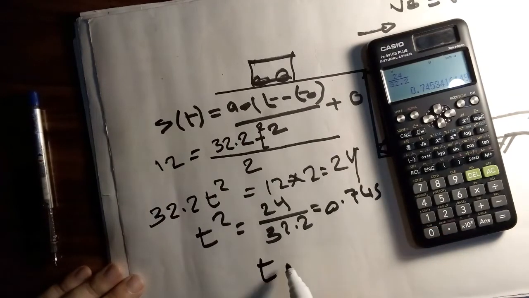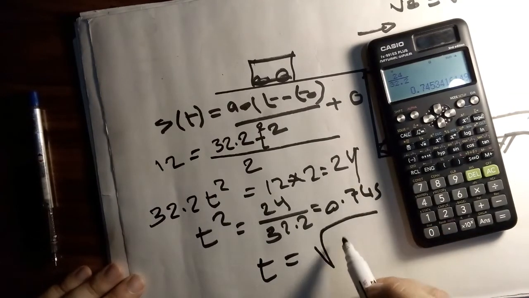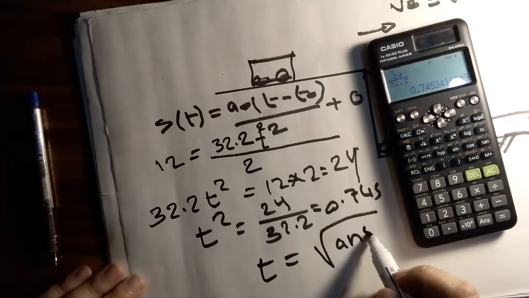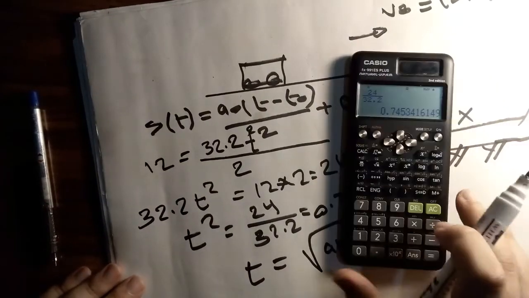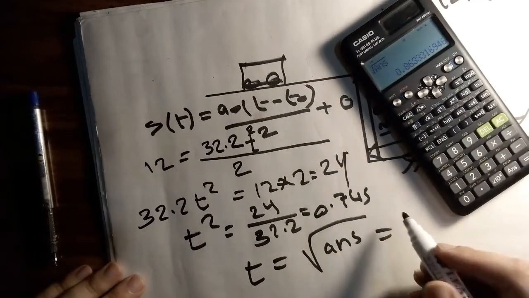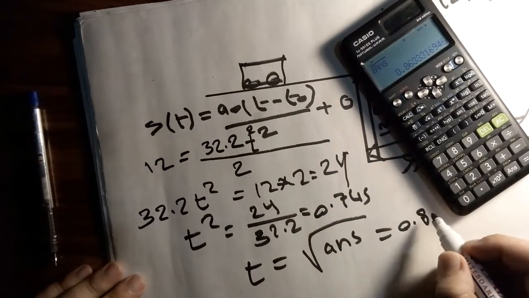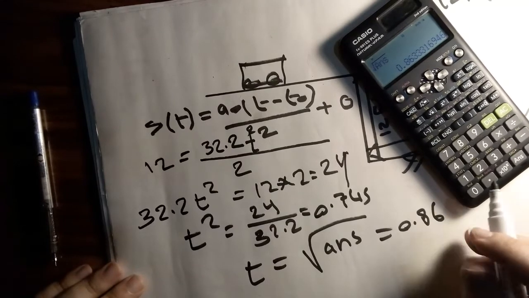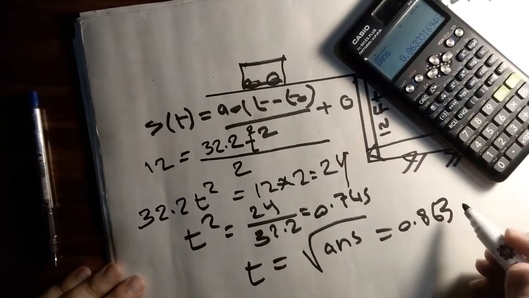So t equals the square root of the answer, which equals 0.863 seconds.